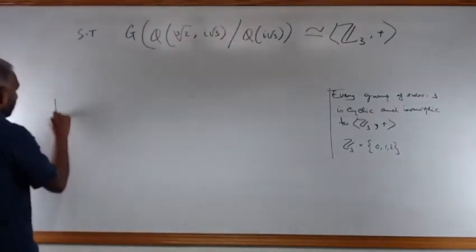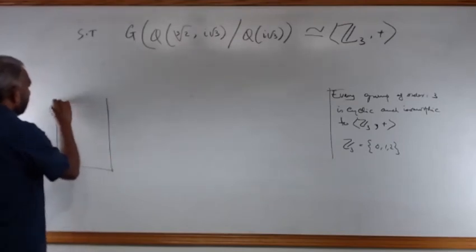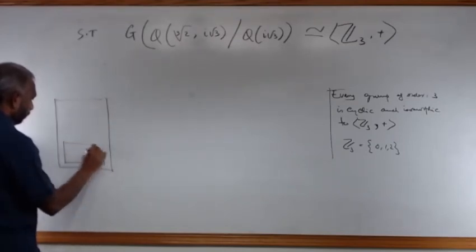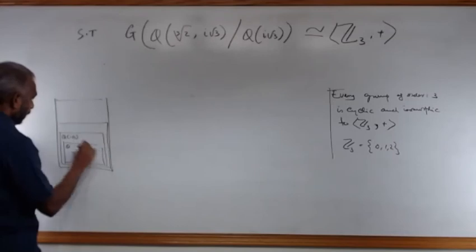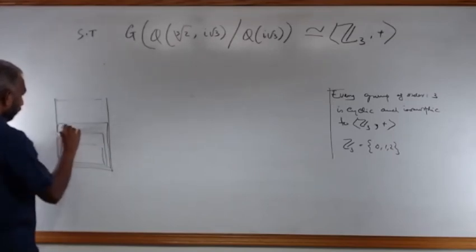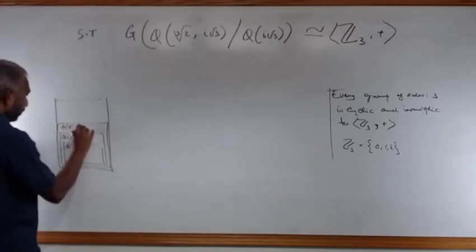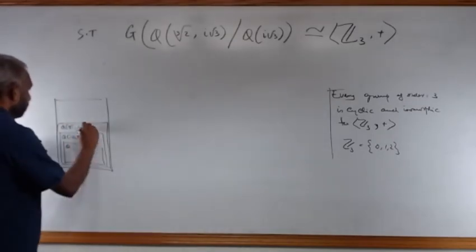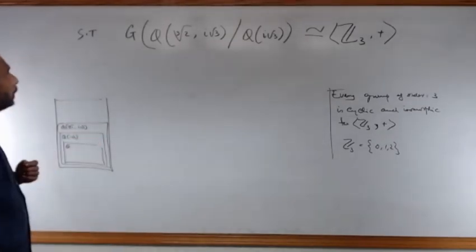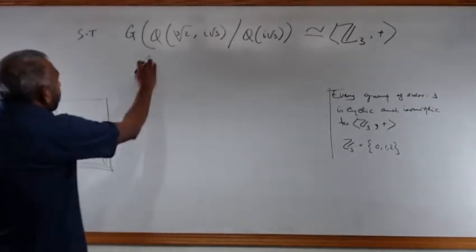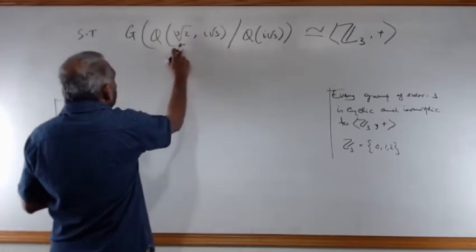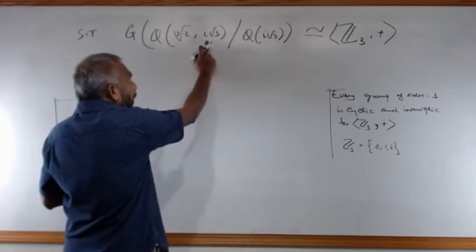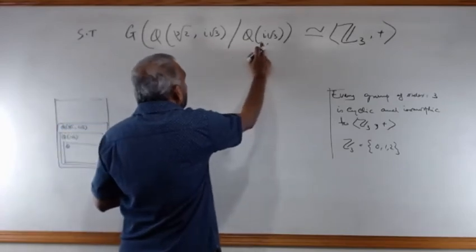So what we have here is Q, Q(i root 3), and Q(cube root of 2, i root 3). This is the group of automorphisms on Q(cube root of 2, i root 3), leaving i root 3 fixed.